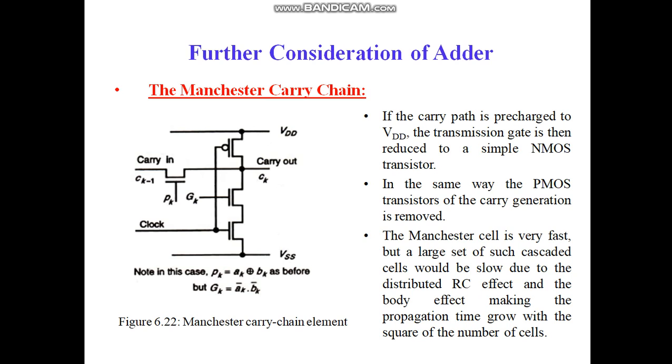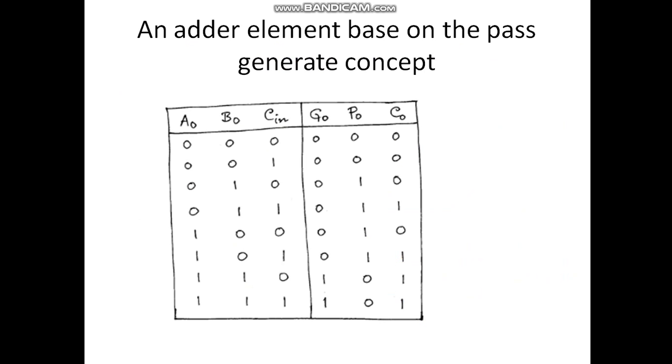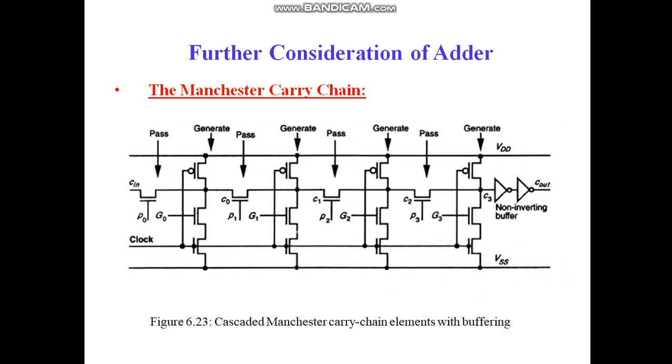This is for getting a 1-bit output. But in case of a 4-bit output, here we are connecting 4 Manchester chains in series.